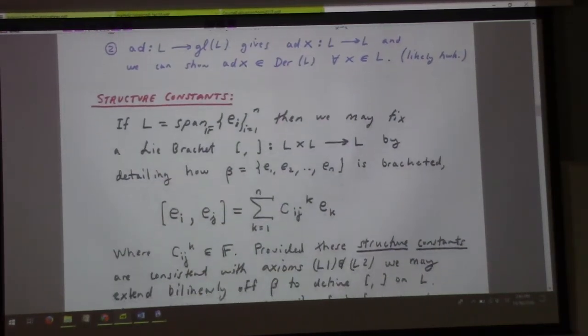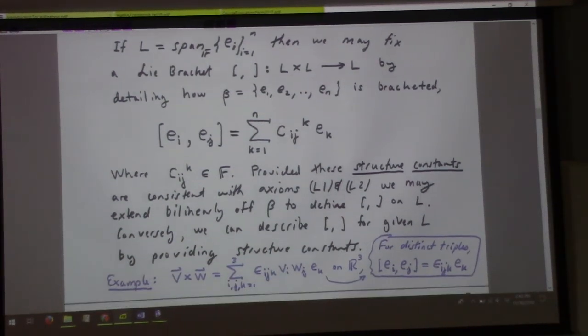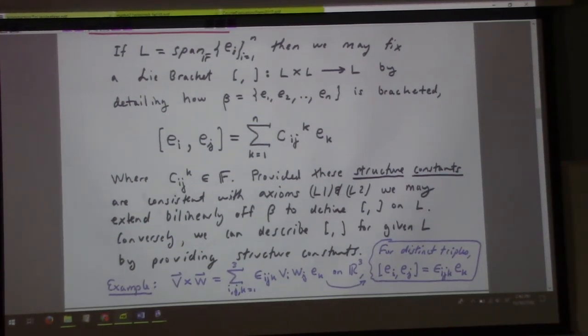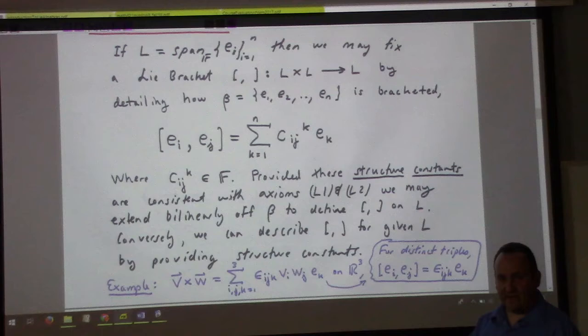We can also talk about structure constants. I don't really have much to say about that, except to say that if you define the bracket on a basis, if you give constants which tell you how to take the bracket of a basis, then you extend that bilinearly, that uniquely defines the Lie algebra. Now, that's subject to the terms and conditions that you've given a set of constants which actually satisfy axioms 1 and 2, right?